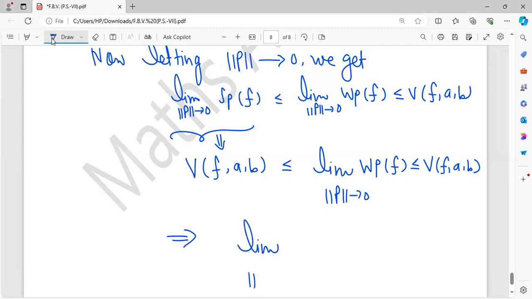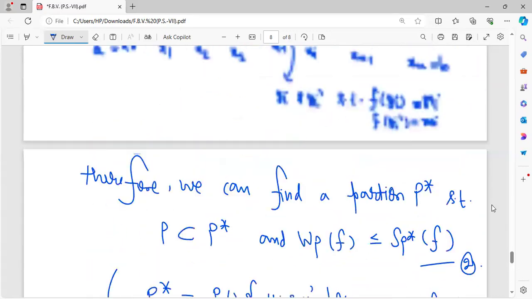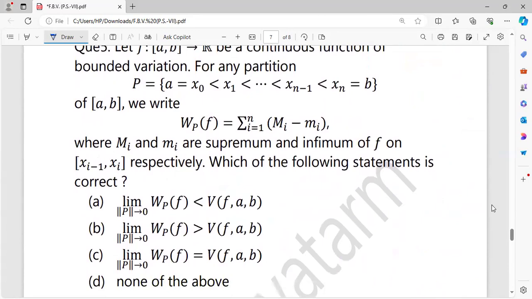By sandwich theorem we have this one. So which option is correct? Let's check it. So option number C is correct.